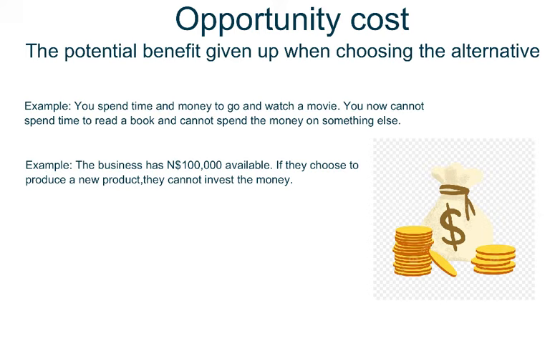If you decided to spend that time and money on a book, then you cannot go to the movies, because you had a choice. So when you have certain choices, the benefit or the choice that you give up is called the opportunity cost.